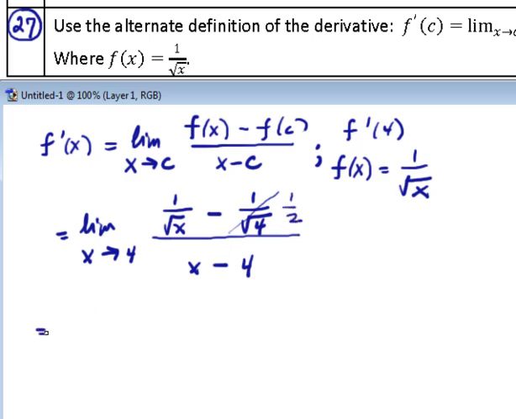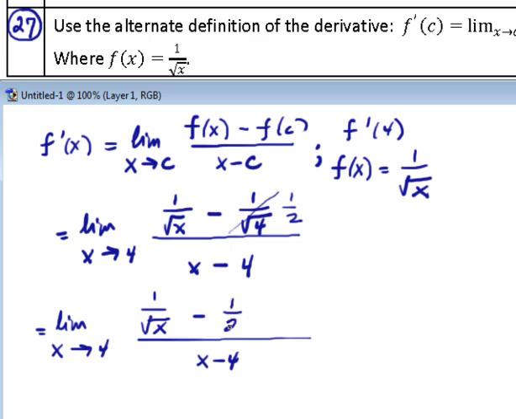All right, so we have the limit as x goes to 4, x minus 4, and here we have 1 over the square root of x minus 1/2. Okay, so let me just erase some of this. We can multiply top and bottom by the conjugate of the numerator.